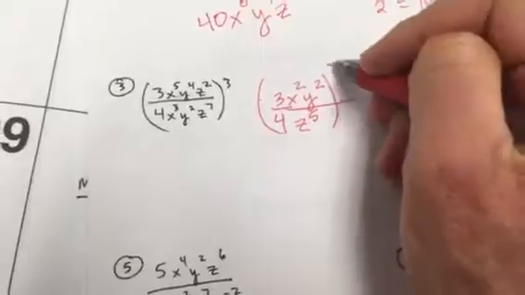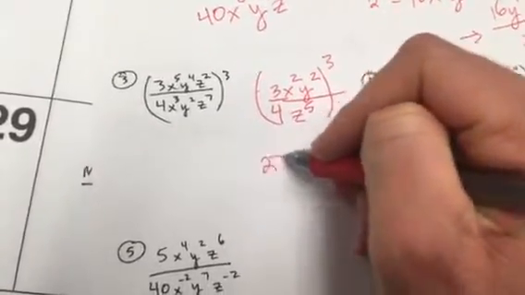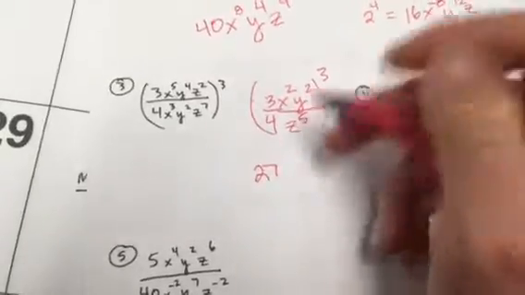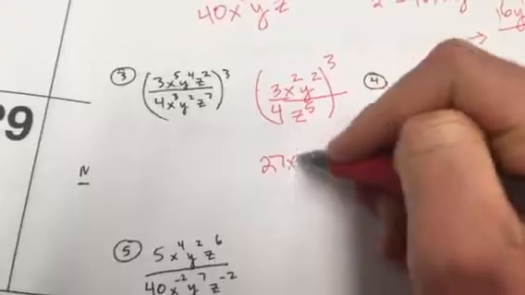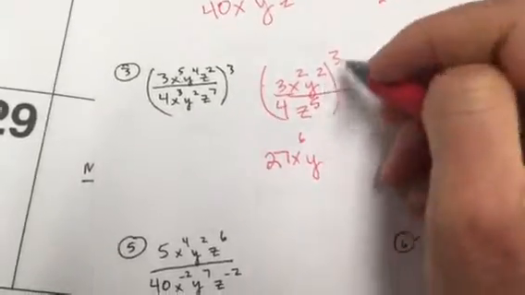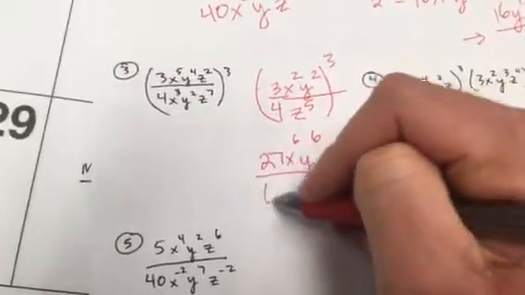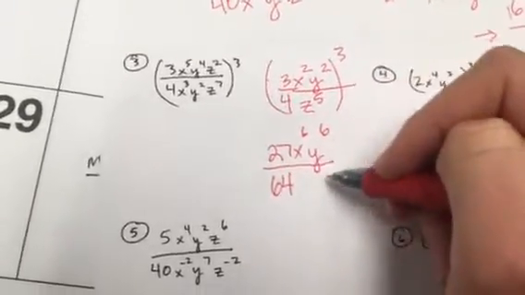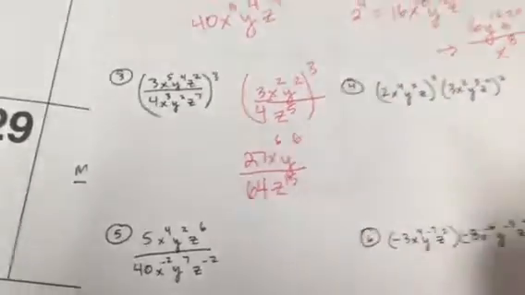Then I'm ready to cube everything. 3 to the 3rd power is not 3 times 3, it's 3 times 3 times 3, it's 27. X to the 2 times 3, x to the 6th. Y to the 2 times 3, y to the 6th. Down below, you're going to have 4 to the 3rd power, which is 4 times 4 times 4, 64. Z to the 5 times 3, z to the 15th.